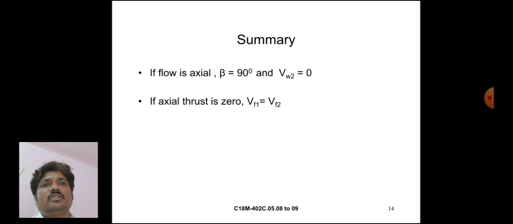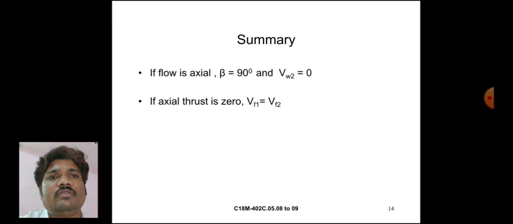If flow is axial, beta is the outlet nozzle angle, and VWT is the steam outlet whirl velocity, which is 0. Vf1 is the steam inlet flow velocity, and Vf2 is the steam outlet flow velocity.